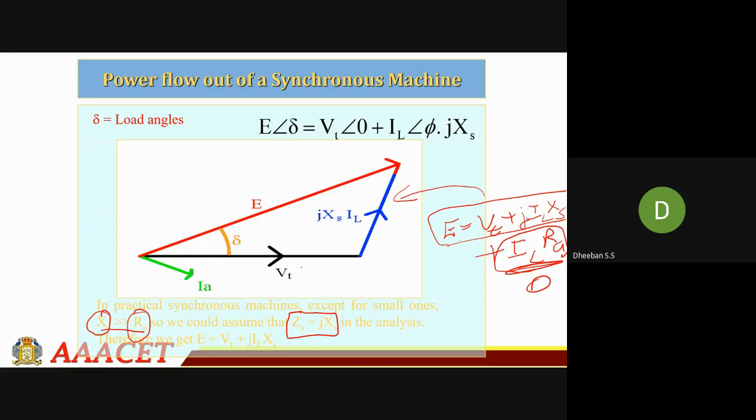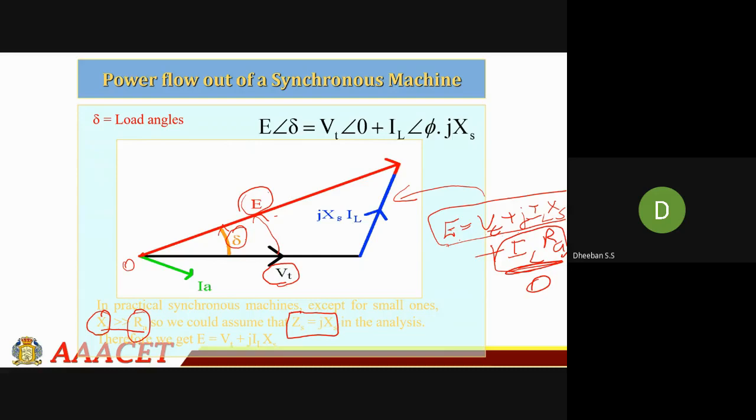Here this is your Vt. Your Vt will be displaced by an angle delta. This is a load angle. The difference from the terminal voltage to the excitation voltage is given by your load angle. You can take this as your reference 0.